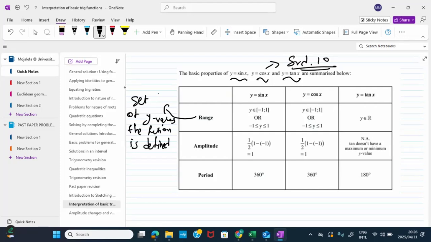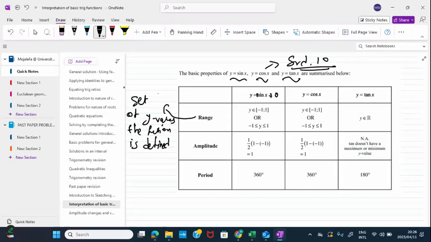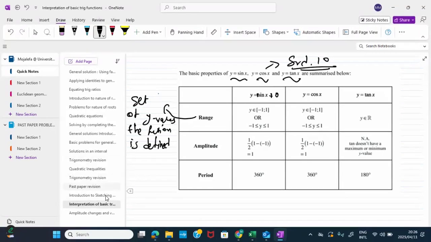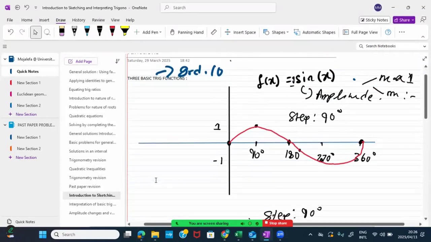The range of sine x, because there's a 1 here, is always going to be -1 to 1. There's a 1 there and a plus 0 there. This 1 and this 0 make this function have a range of -1 to 1. Let's go back to the basic graph. Sine x ranges between which y values?